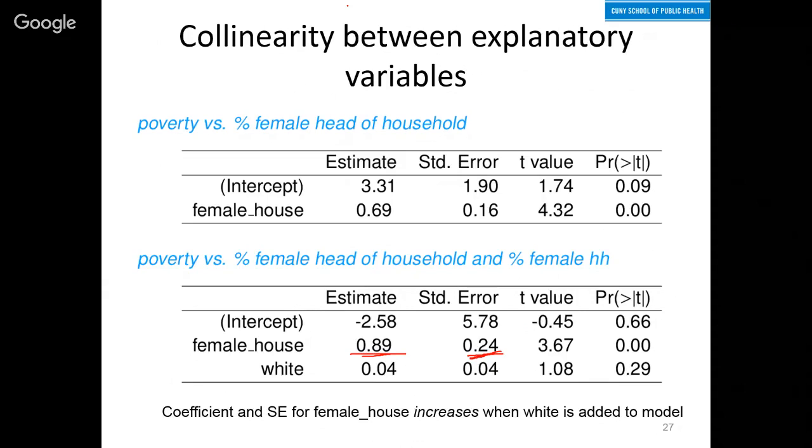Your uncertainty in being able to do that increases the more highly collinear they are. And in fact, we're not going to get into this, but there is a measure you can get that is called the variance inflation factor. That's a measure of collinearity, and it is the amount by which your standard error inflates due to collinearity.